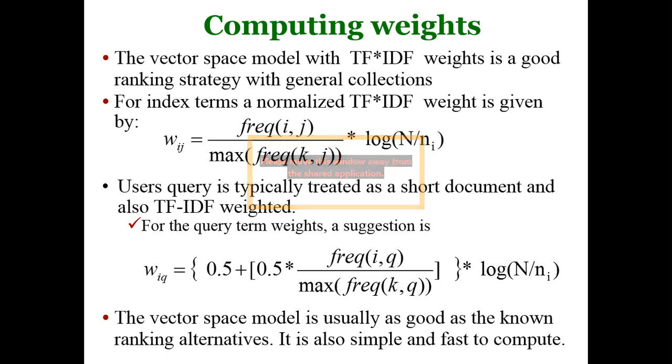If we are considering the word information, the inverse document frequency of information in a given document is calculated, and we are using that inverse document frequency for calculating weights for information in our query.